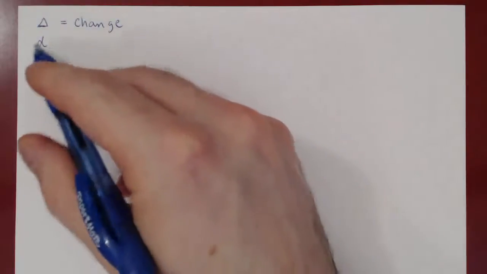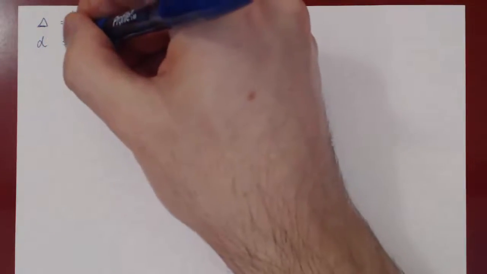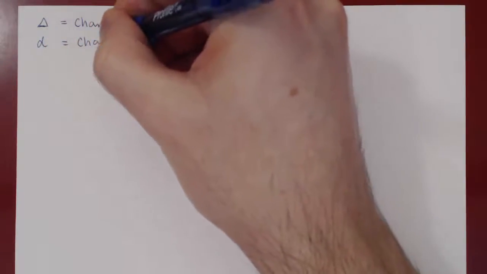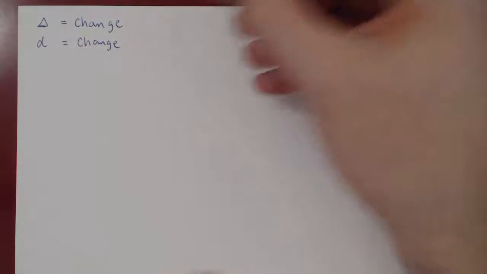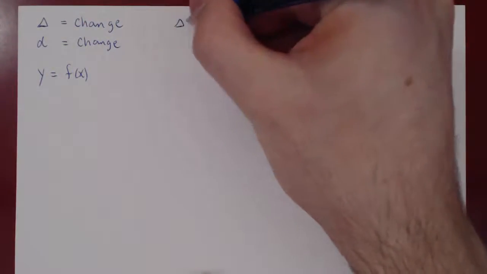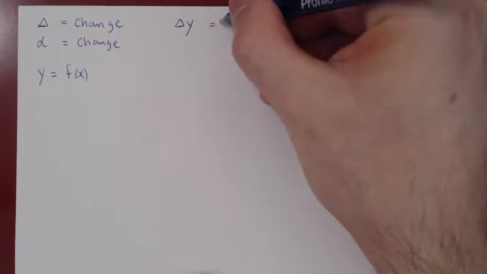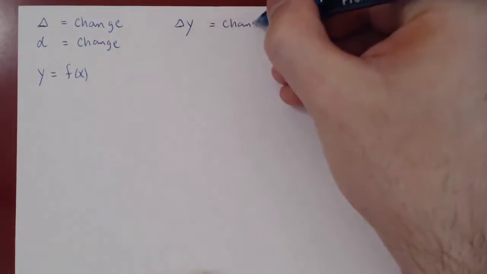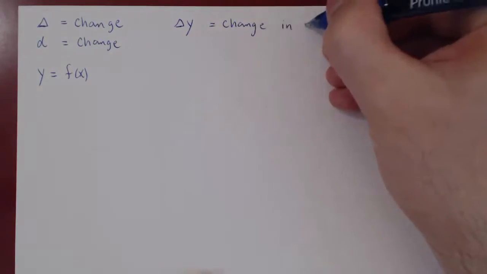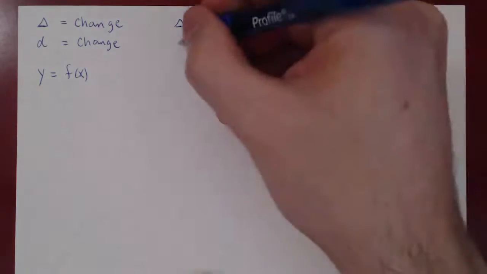And the same for d. D is just the actual letter d. So d also means change. So if you have, say, a function of x, so y equals f of x, a natural question to ask is, what is the difference between delta y, which means a change in y, and what if we write dy?